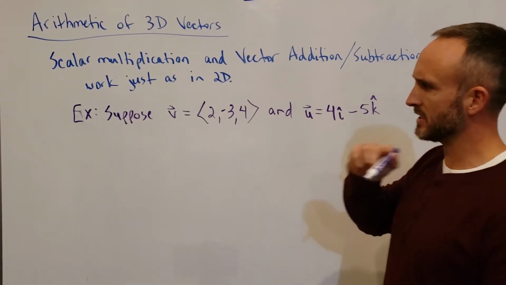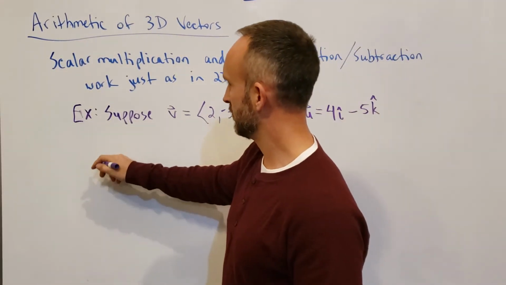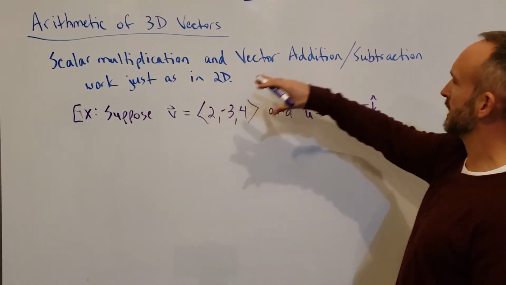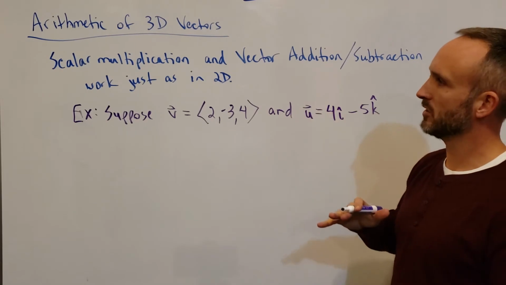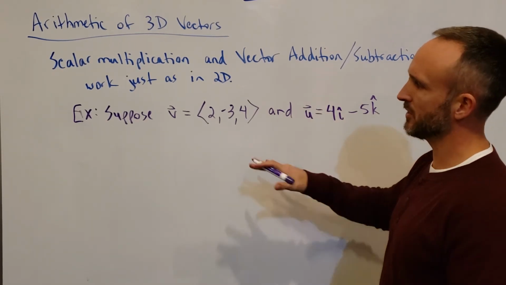So for the first example, let's do scalar multiplication with vector addition and subtraction in one example, and we'll call this video good, because there's nothing really new here.